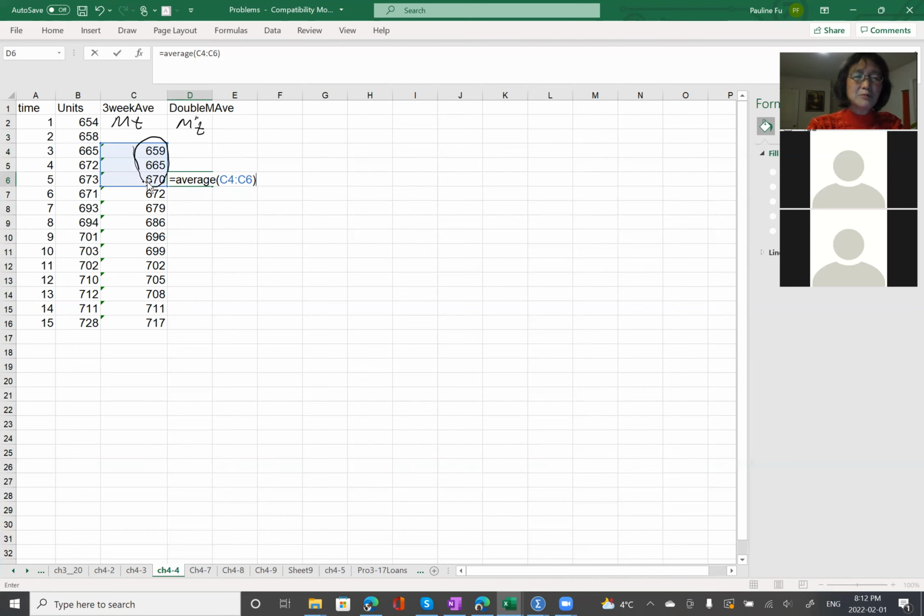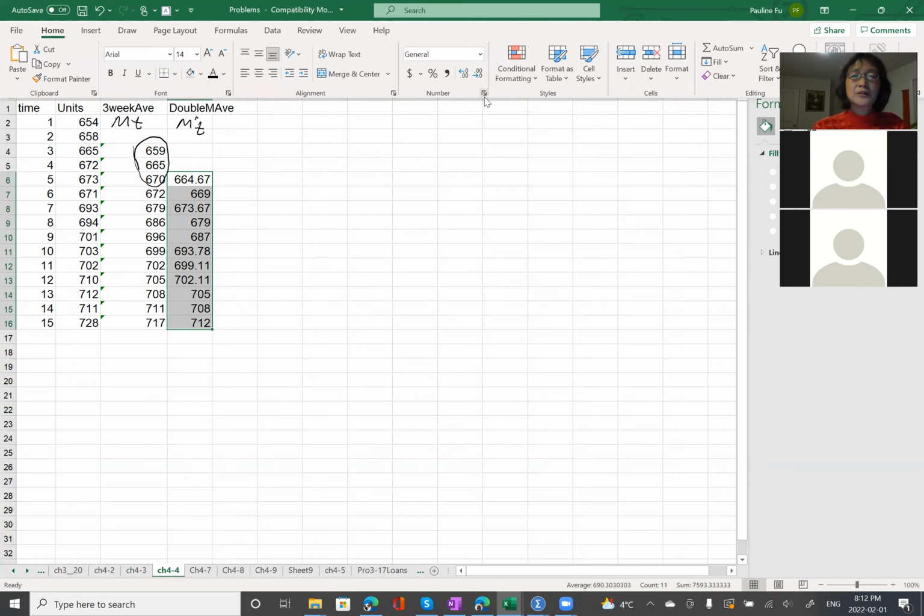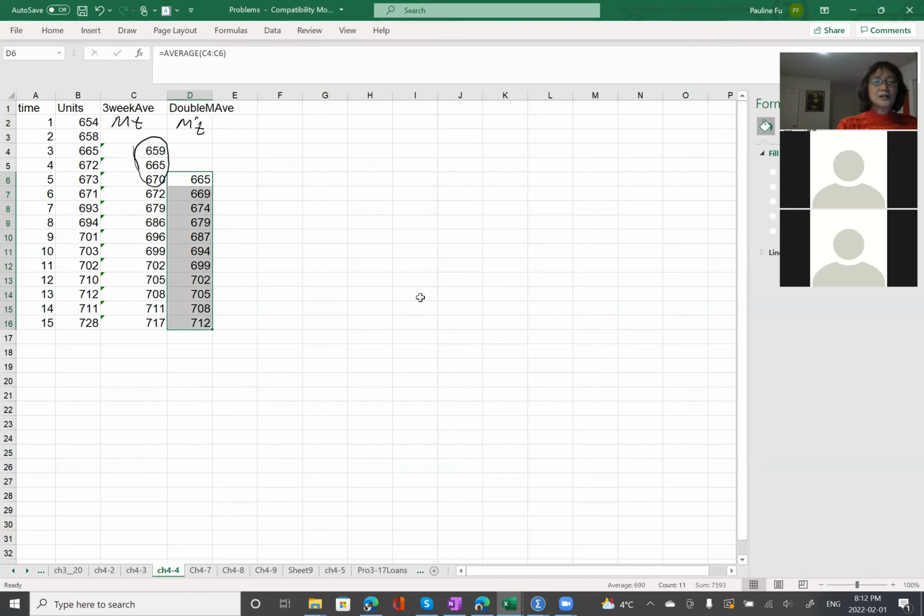That is double moving average. And then double click and eliminate the decimals. So hope you understand what is MT, MT prime, the only one prime. So MT and MT prime.